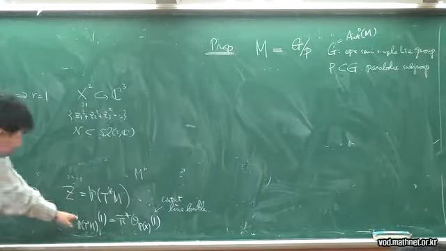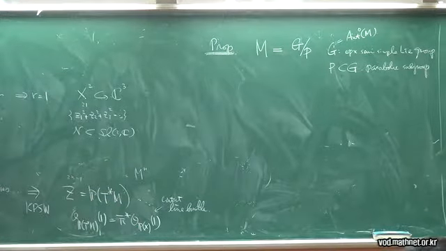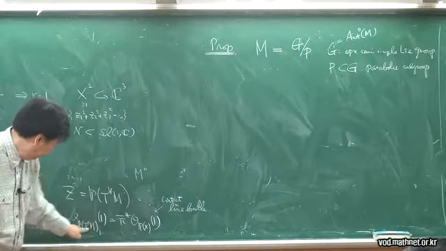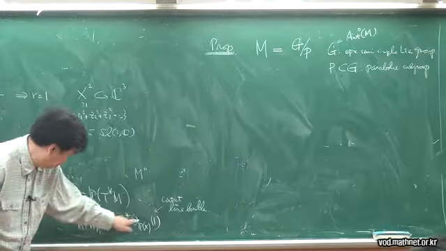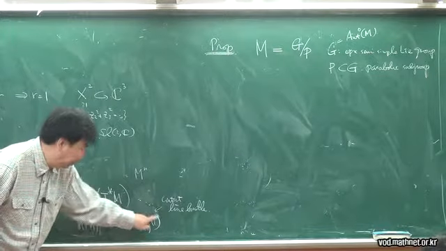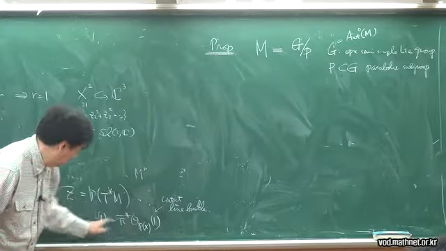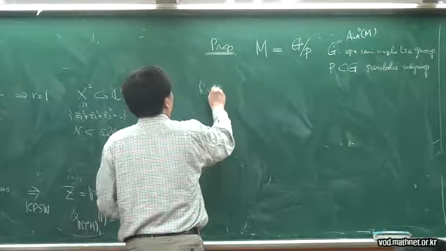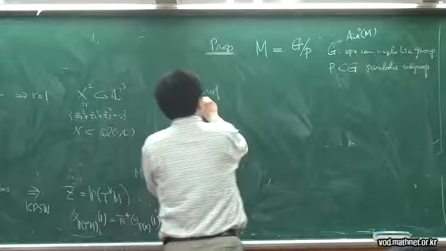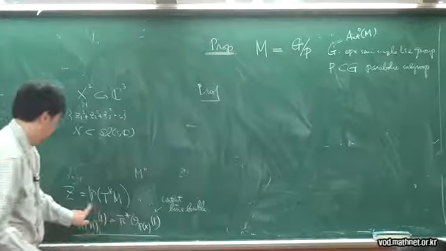But here we have the following good condition, because the tautological line bundle is a pullback of something, but this is very ample. So this is base point free.